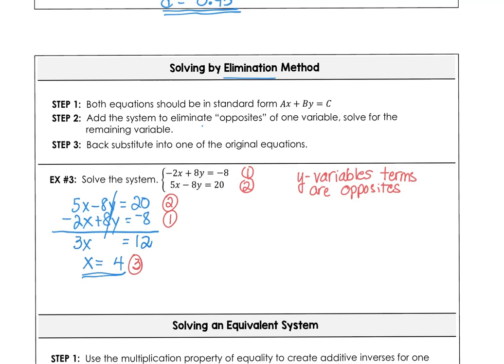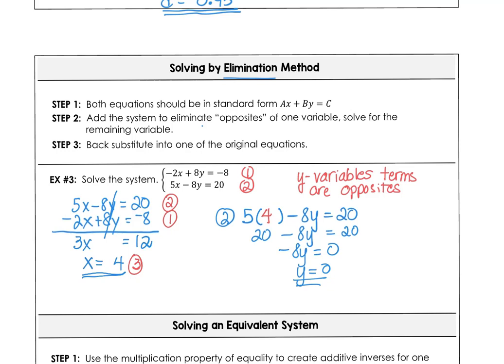Let's take equation 2. And we're going to put 5 times x minus 8 times y, and that's going to tell us it's 20. Well, x is 4, so 5 times 4 is 20, minus 8y is 20. And subtracting 20 on both sides, we have negative 8y is 0, so y is 0.